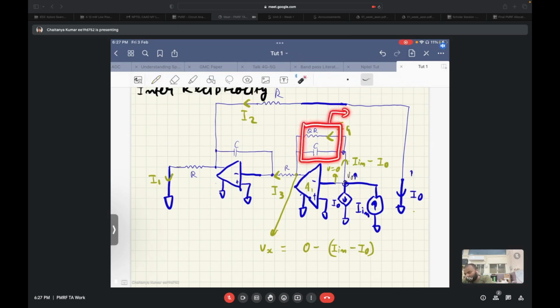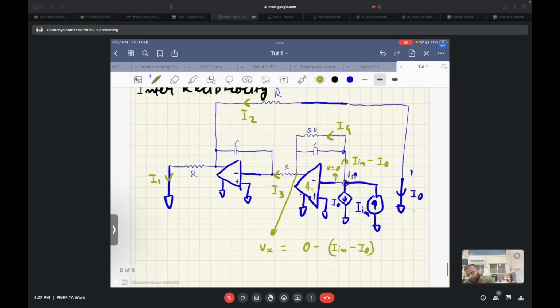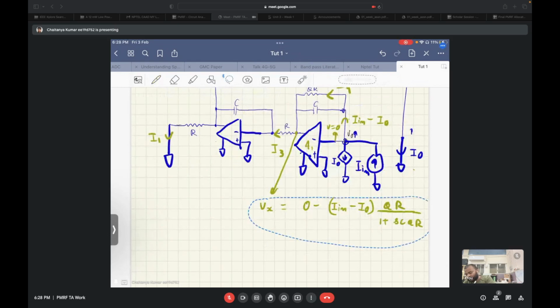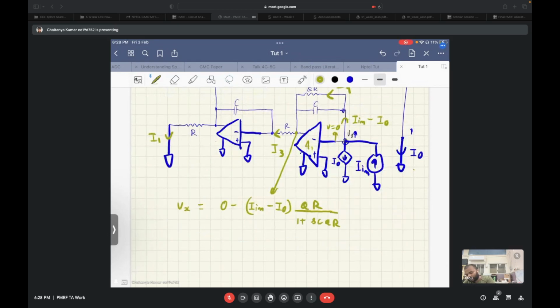This impedance, let us call it Z. And what is Z? Z is basically a parallel combination of QR and capacitance, so that is QR upon 1 plus SCQR. Let's call this equation 1.